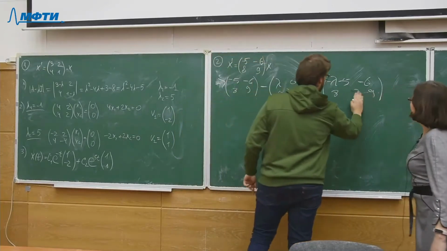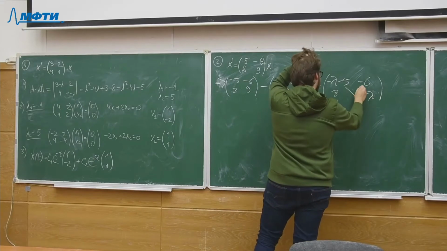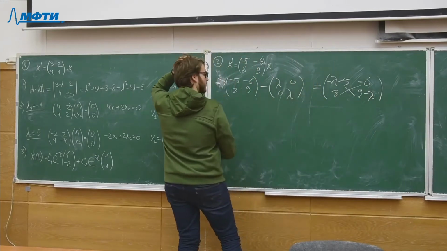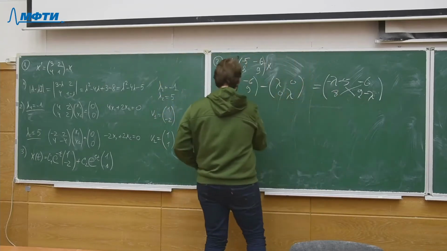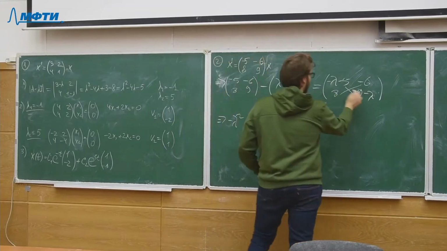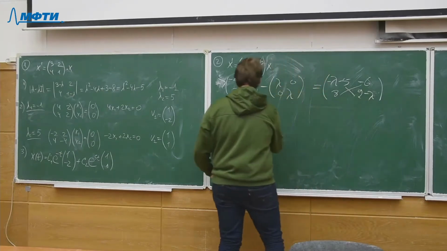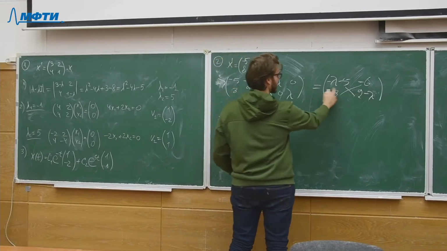Now we want to multiply this. So this will become minus lambda squared. Now minus 9 lambda plus 5 lambda, which is minus 4 lambda. Not minus lambda squared, but plus lambda squared, because minus lambda times minus lambda.